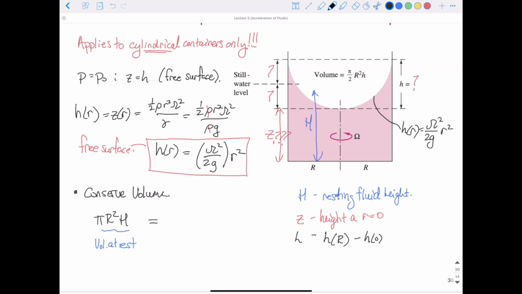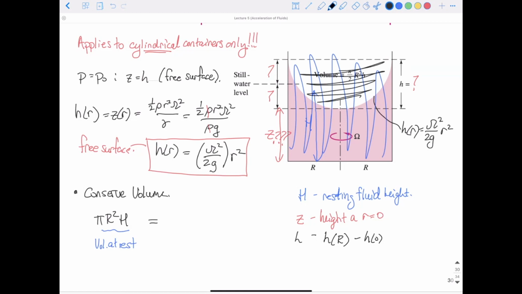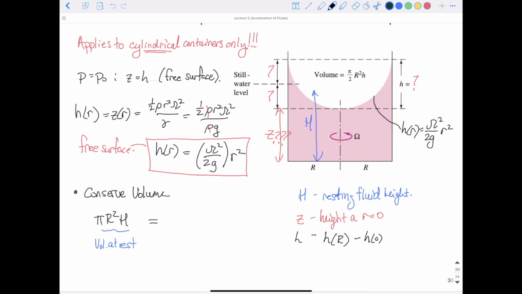If we consider the volume of this whole region here, pi r squared times z plus h, and subtract the volume inside the parabola contained within that free surface, we can get the volume of the liquid after.